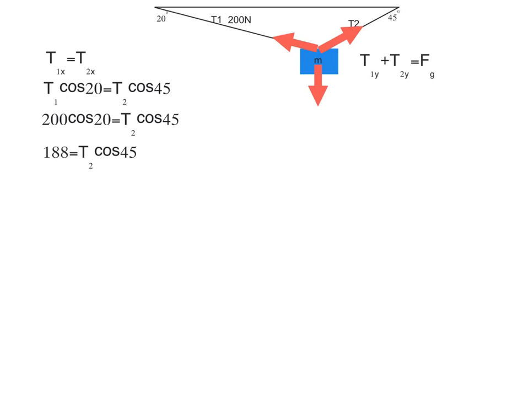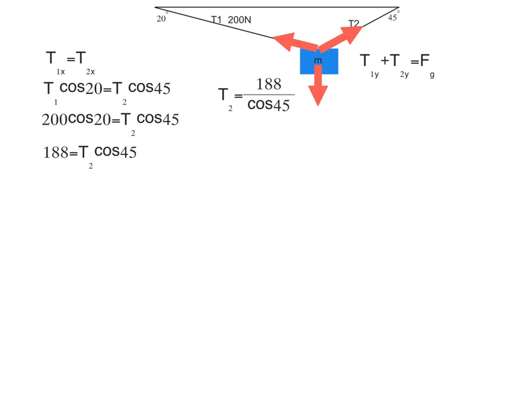And then this will equal, again, on the other side, we don't know T2, and it's probably easier actually to leave this as cos of 45. You could change cos of 45 into a decimal if you want, but it's probably just easier to leave it like this. And so now what we need to do is we just divide the cos 45 to the other side, and then we'll get T2.